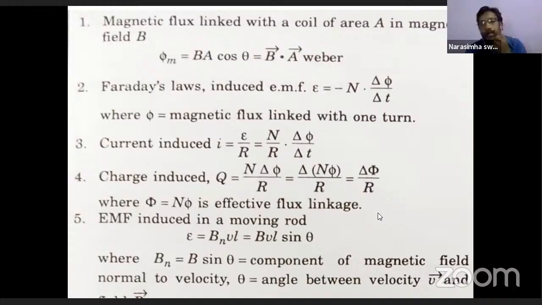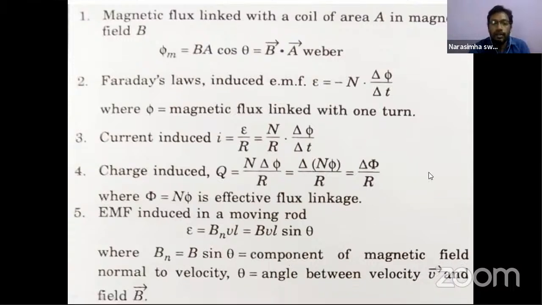Based on that, theta is changing, so B also changes, either the x component or the y component. So B sin theta is the component of the magnetic field normal, and theta is the angle between the velocity and the field. We'll move to the next one.